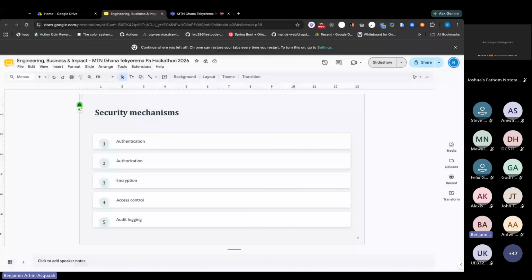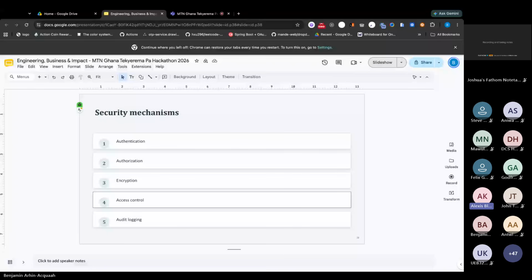Okay. Access control. If anyone wants to try. It's more of the authorization.